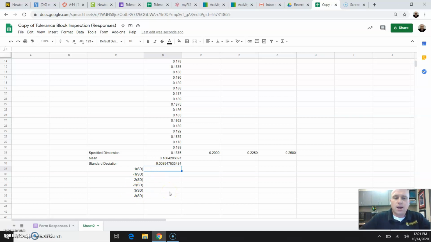And so to do this little calculation, I'm going to say that this cell is equal to our mean value, plus one standard deviation. All right. For this one, I'm going to say equals, again, our mean value, and I'm going to say minus a standard deviation.